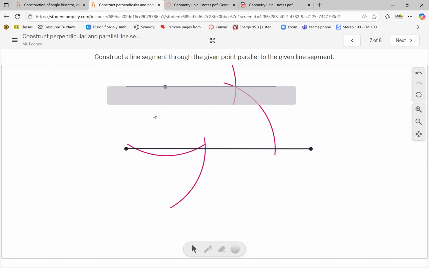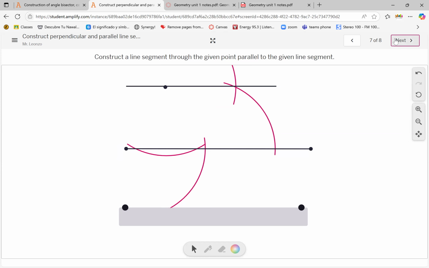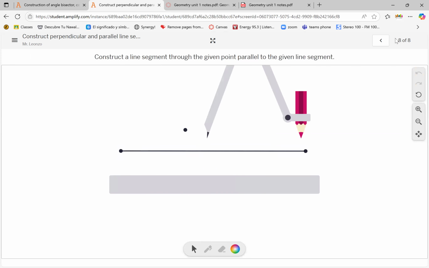And I just did 2 segments. There was a segment given, but I created a new segment and my 2 segments are parallel. Not only parallel, but the segment that I created goes through the point given. Okay, there you go. Question 7 and 8. You guys are going to do the same thing. If you have any questions, please feel free to contact me.